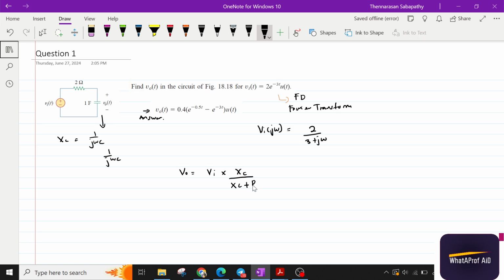So here the Vi is 2 over 3 plus j omega, times xc, which is 1 over j omega c, over 1 over j omega c plus 2. So we need to solve this expression.